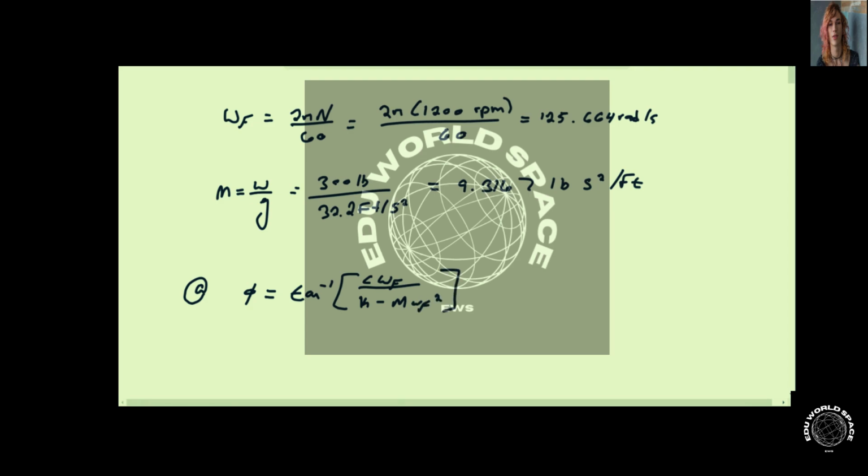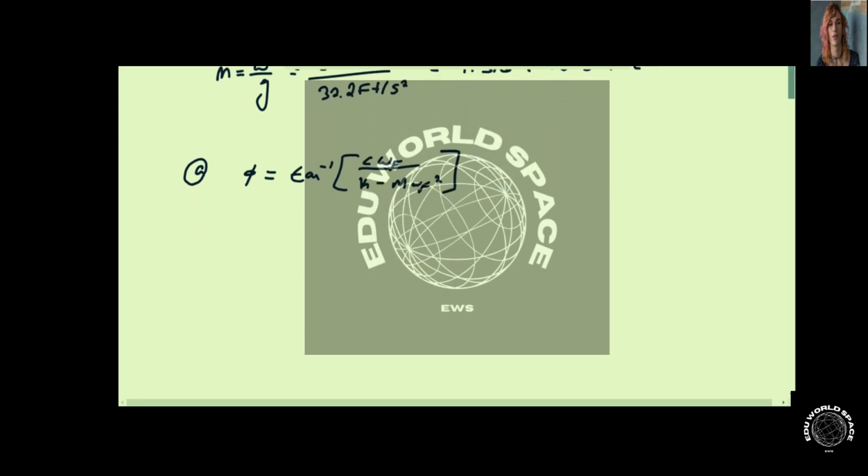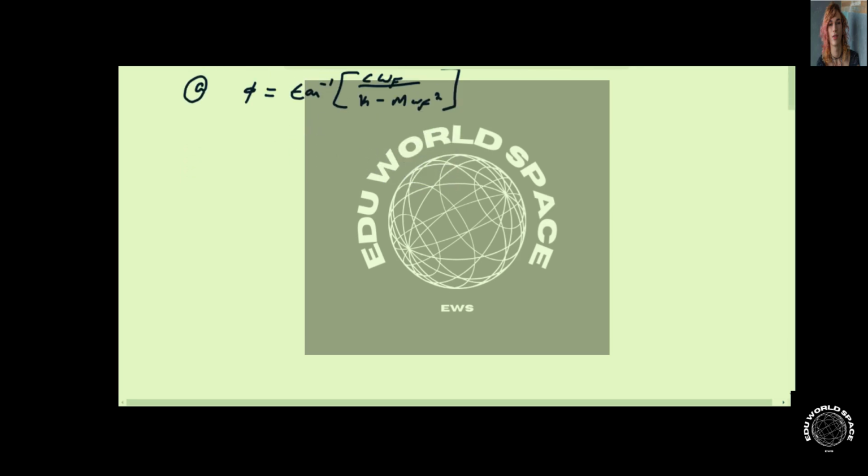And we're actually just going to look at this because the phase difference is going to be pi over 2. So we're going to set this equal to 0. We don't have to worry about anything else because the phase difference of pi divided by 2 results in this equaling 0. So from that, we're going to get K equals M omega F squared.